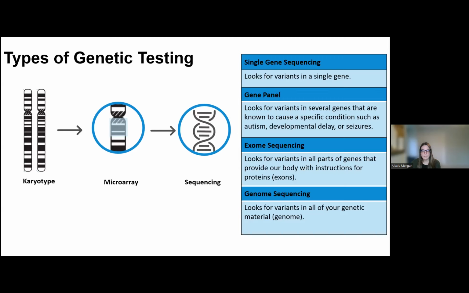A microarray looks at each book's chapters to see if all the chapters are there. And sequencing tests look at the sentences on the pages to see if there are any changes to sentences and letters. There are different types of sequence genetic testing, the main difference being how many genes the test is looking at.